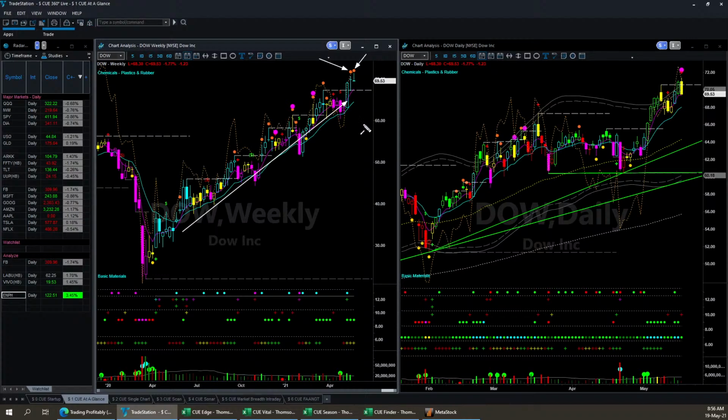This week, again, as of yesterday, it was displaying indecision at the top. A very bearish-shaped candle. And most of all, I saw that it had a bearish headwind. Again, remember just now I showed a stock that showed a bullish headwind at the very bottom. And here in Dow, the bearish headwind came at the very top. So at minimum, if I had a long position, I would be careful.